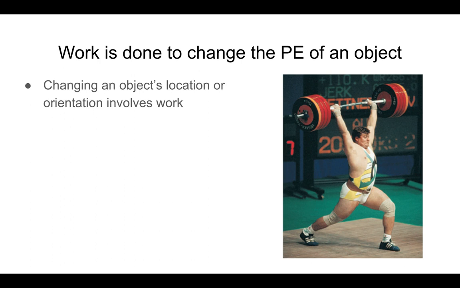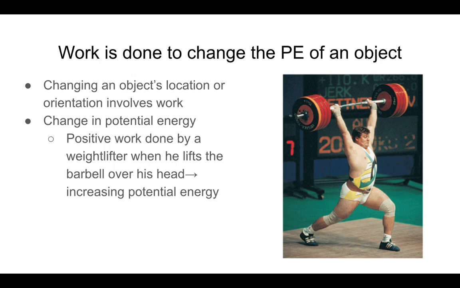He's increasing the height, so he's changing that object's location and therefore changing the potential energy. Positive work is done by this weightlifter when he lifts the barbell over his head. If he lowered that barbell down, he would be doing negative work on the object because he would be decreasing the potential energy of the object.